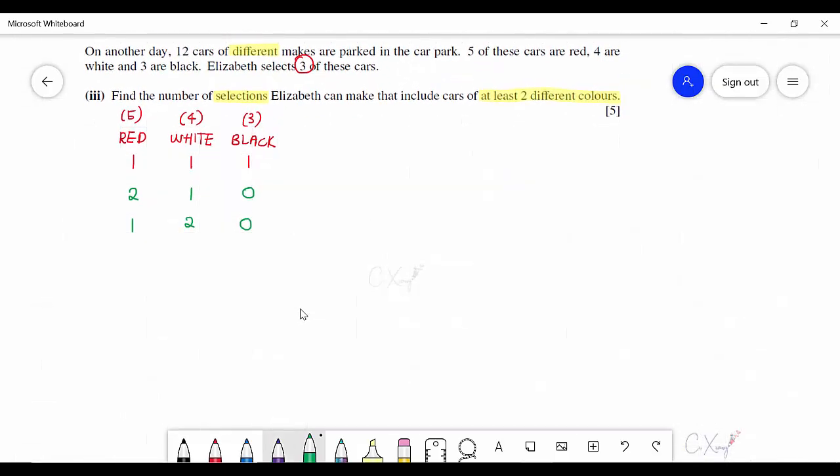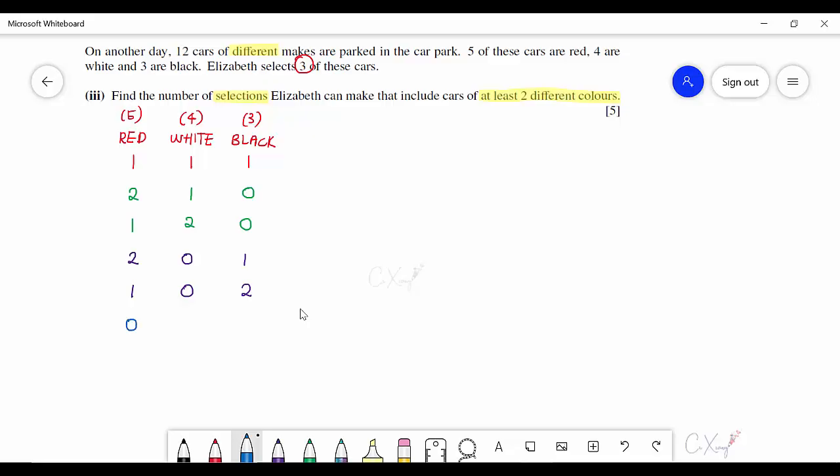Then what are the other possible cases? Maybe I have 2 red cars, no white car, but 1 black car. Again, I assume 0 white cars, so I can have 1 red with 2 black, or 2 red with 1 black. This also fulfills the condition. What is another possible result?